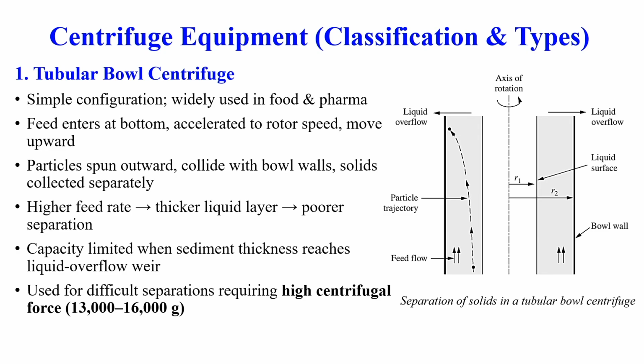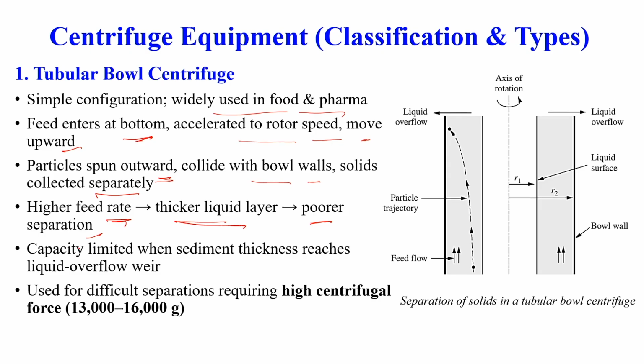For example, if you see this tubular bowl centrifuge, it has a simple configuration and is widely used in the food and pharma sector. Feed enters at the bottom and is accelerated to rotor speed, then it moves upward. So, what will happen? The particles will try to go outside to the bowl wall and solids are collected separately. If you have a higher feed rate, you may have a thick liquid layer and that may lead to poor separation.